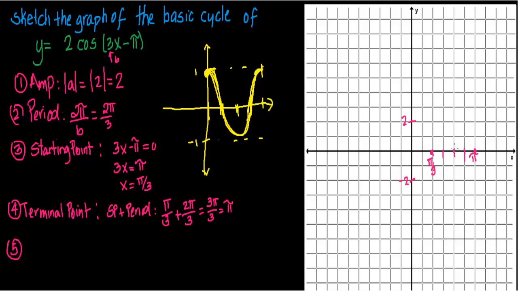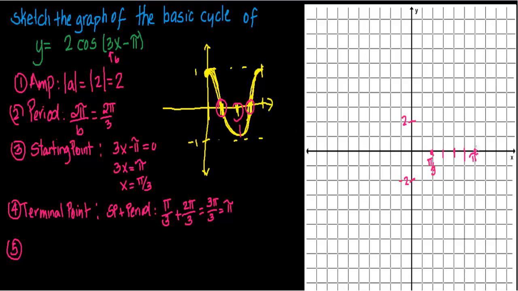What did these help me with? Well, from the starting point to the first interval, I know this is my first 0, this one here. This point here is where I'm going to hit my minimum value. And this point here is my next 0, this one here.